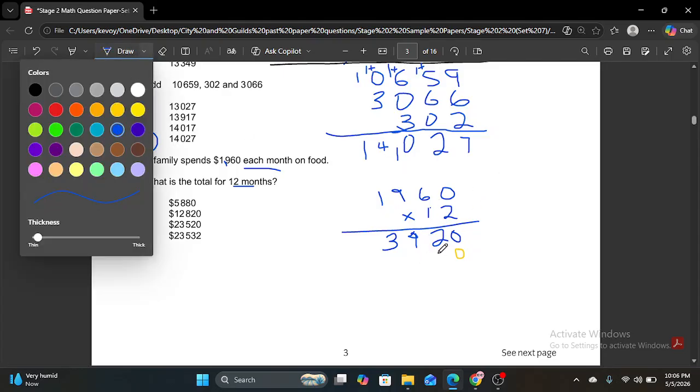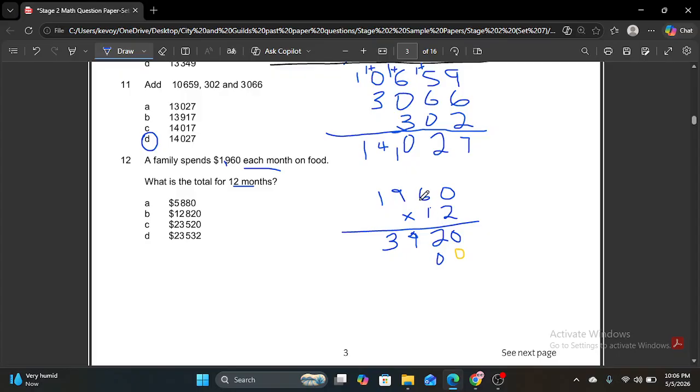So 1 times 0, 0. 1 times 6, 6. 1 times 9, 9. 1 times 1, 1. So we just add them together now. 0 plus 0, 0. 2 plus 0, 2. 6 plus 9, 15.